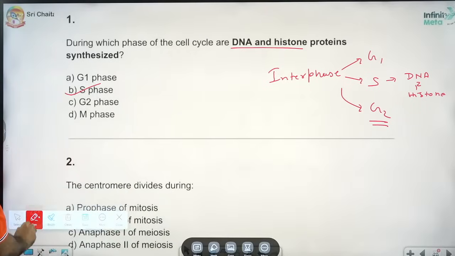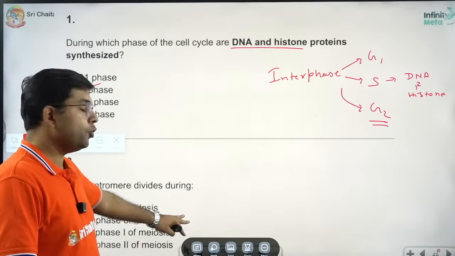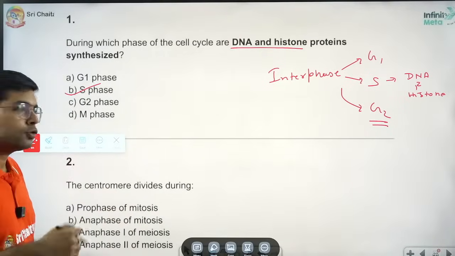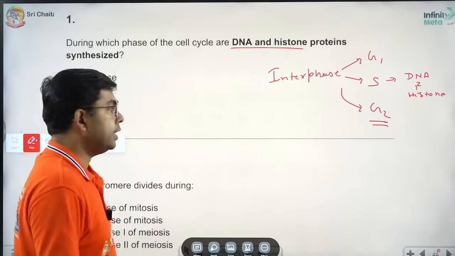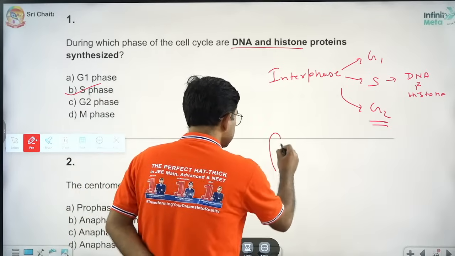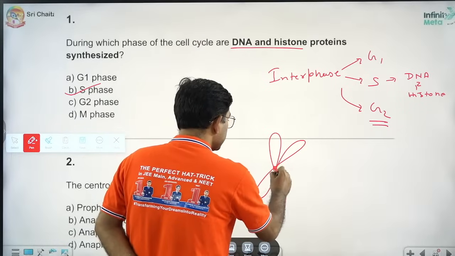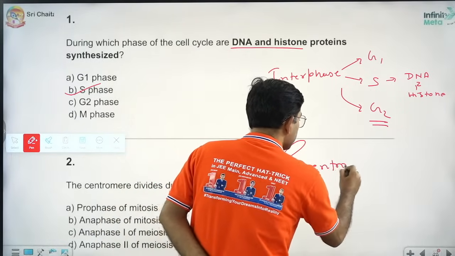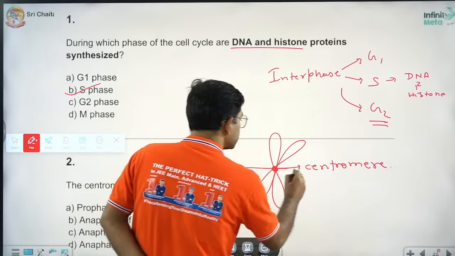Then next, the centromere divides during which phase? Remember this, if this is the chromosome and this is the centromere, this centromere will split, one goes this side, the other goes this side.